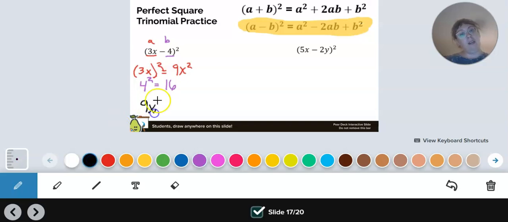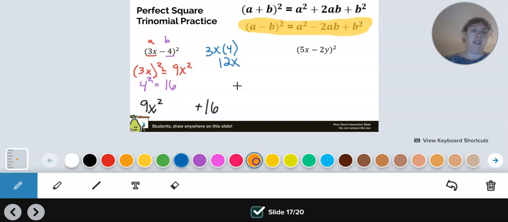So we know we're starting with a 9x squared and we're ending with a 16. Now the middle term, right, we take our a times b, so 3x times 4, which gets us 12x, and then we double that to get 24x. So we're going to do minus a 24x.